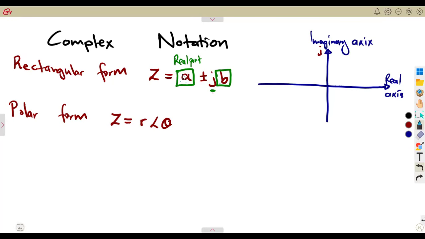Considering that A and B are positive, we are going to see A along the real axis and B along the imaginary axis. They will meet at a certain point, as we consider the distance this side, which is A, and the distance this side.